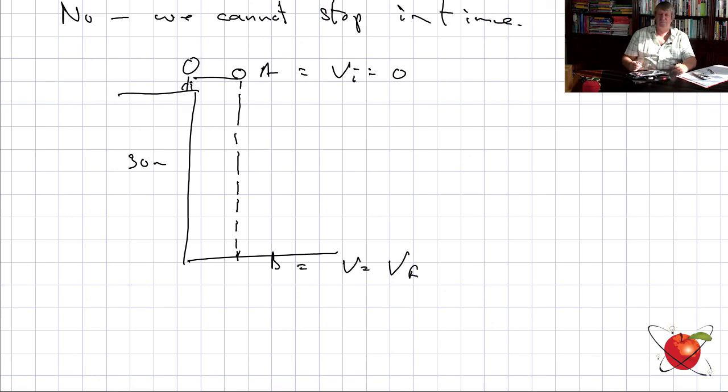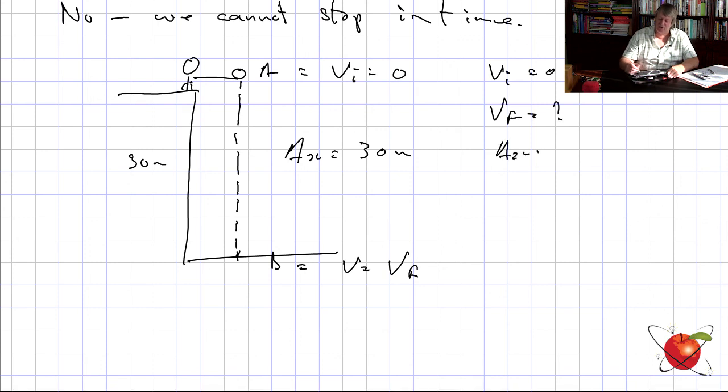Delta x is equal to 30 meters. So we've got Vi is 0, Vf is unknown, delta x is 30, and delta t, time, is unknown.